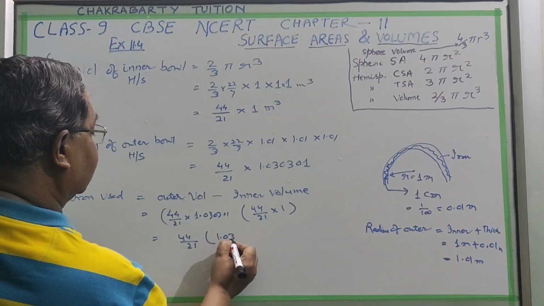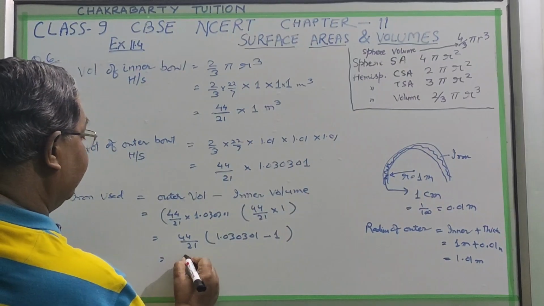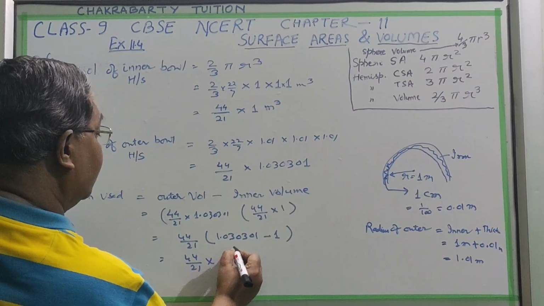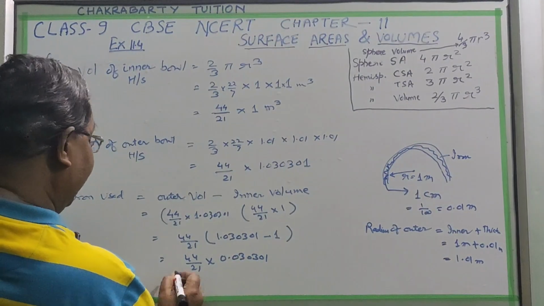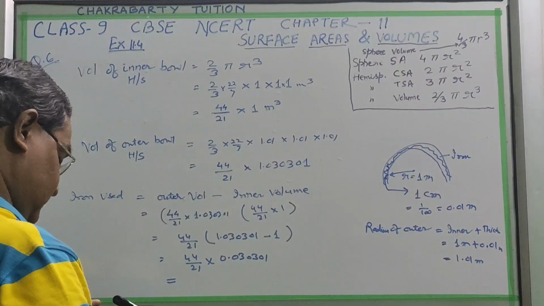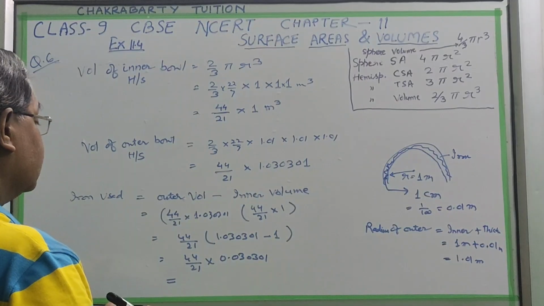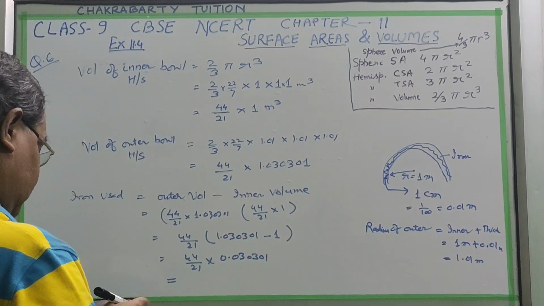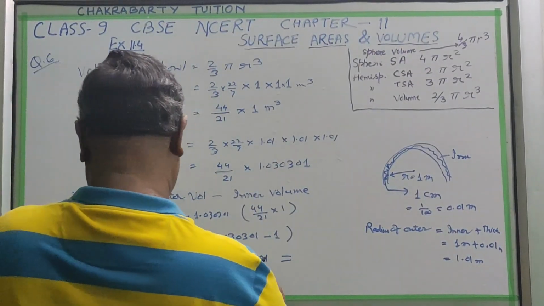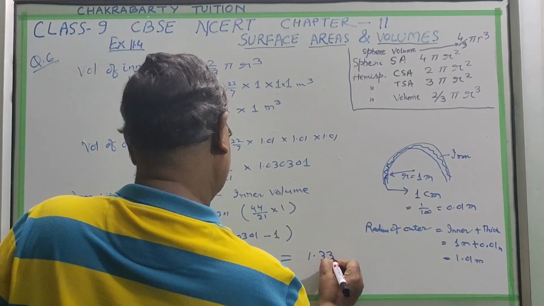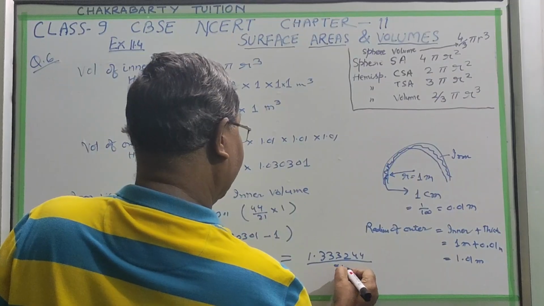So 1.030301 minus 1, this one. So what will come? 44 upon 21 into 0.030301. Here I will use the calculator. 44 into this I am multiplying, 1.333244 upon 21.